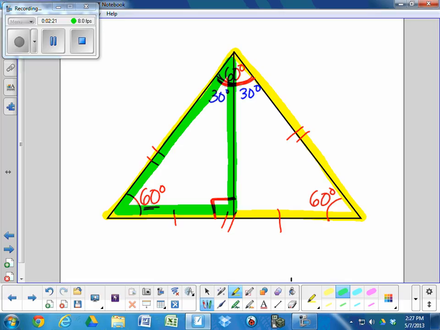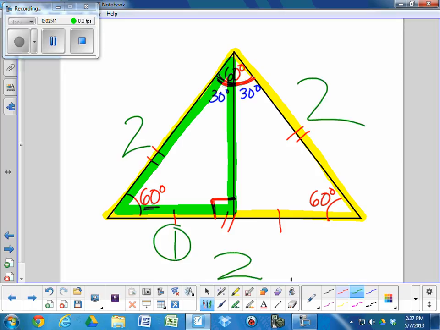I'm going to begin by saying, what if this was 2 centimeters, feet, inches, whatever? What if that was 2? How big would the bottom green side be? 1. Because if this was 2, this would be 2, this would be 2, and this must be 1 because it's half. You cut that in half.